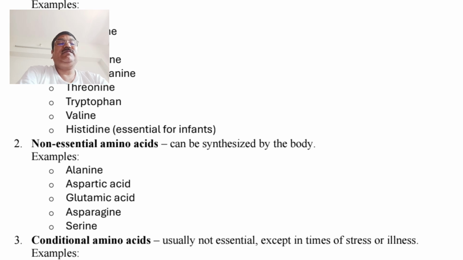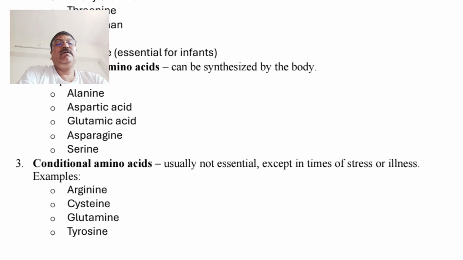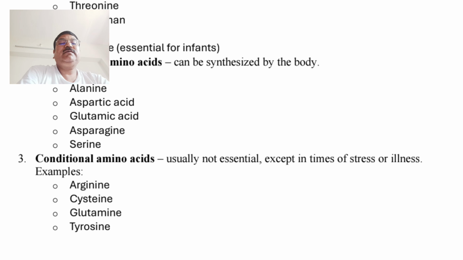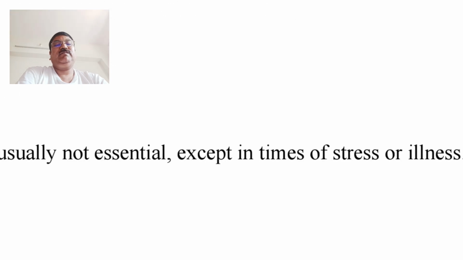The third one is the conditional alpha amino acids. These are non-essential, required only at the time of illness, that is glutamine, cysteine and tyrosine.